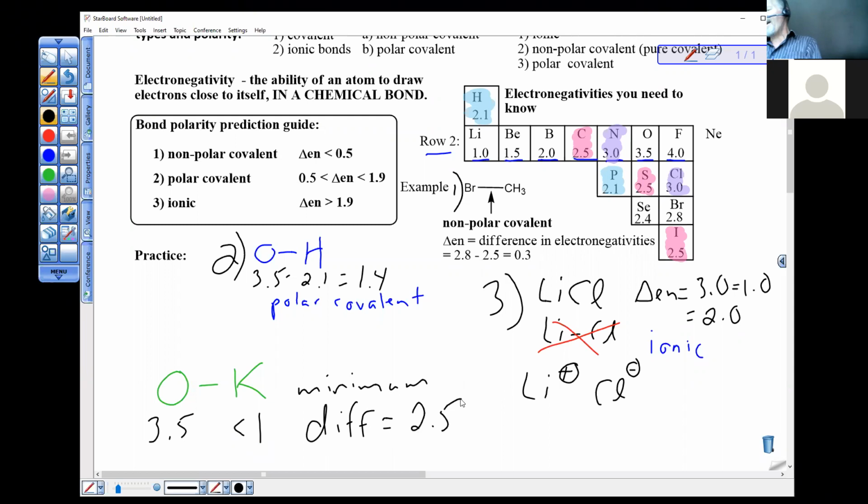So it is ionic. So if we have an element not on the list here, then we just use the one in the same column. And remember, that's going to be a bigger number than the one below it. So you're getting a minimum and your actual difference will be larger.